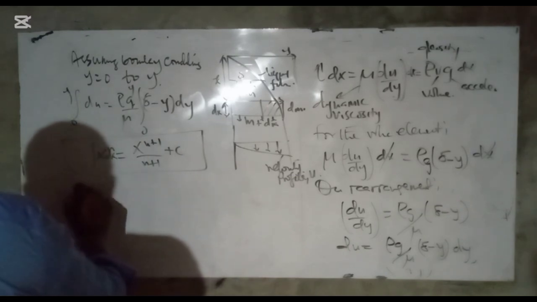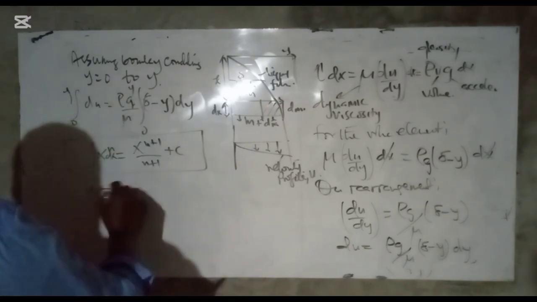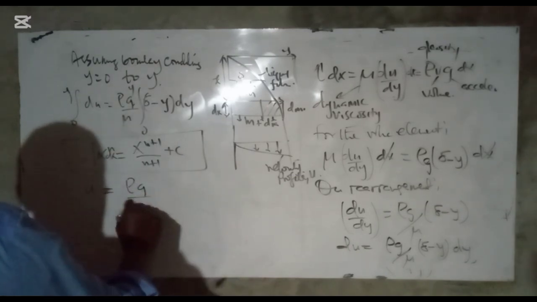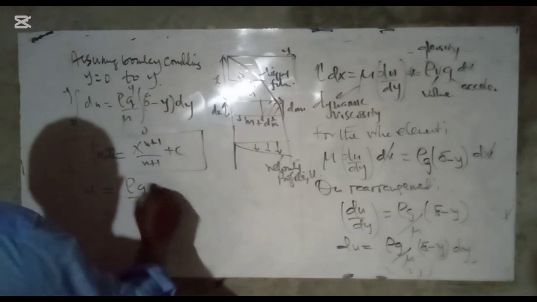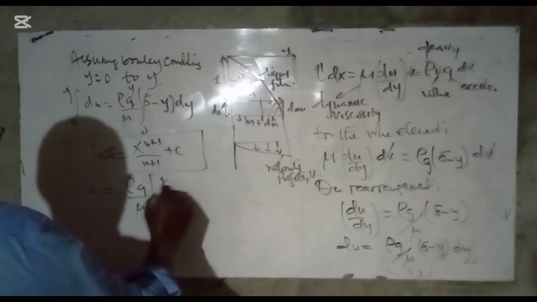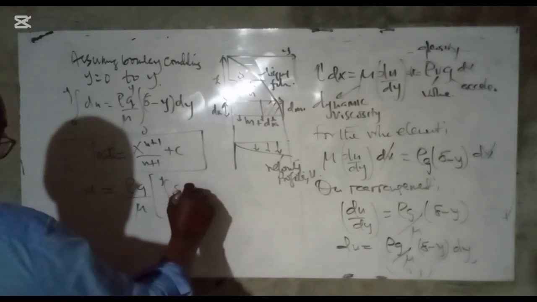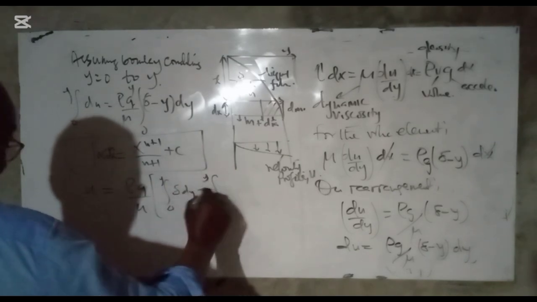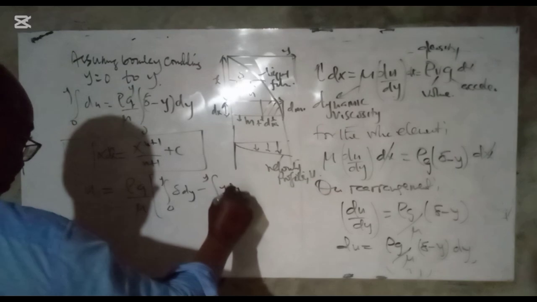We have u equals rho g over mu, integral from 0 to y of sigma dy minus integral from 0 to y of y dy.